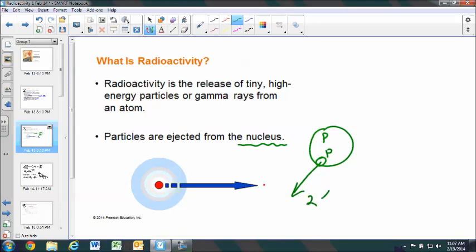Remember that we mentioned that an alpha particle will have 2 protons and a mass of 4, which means it has 2 protons and 2 neutrons. Therefore, this is going to be a new nuclei. So the new nuclei will be now behaving as a different element. So we'll see some of that in a few slides.